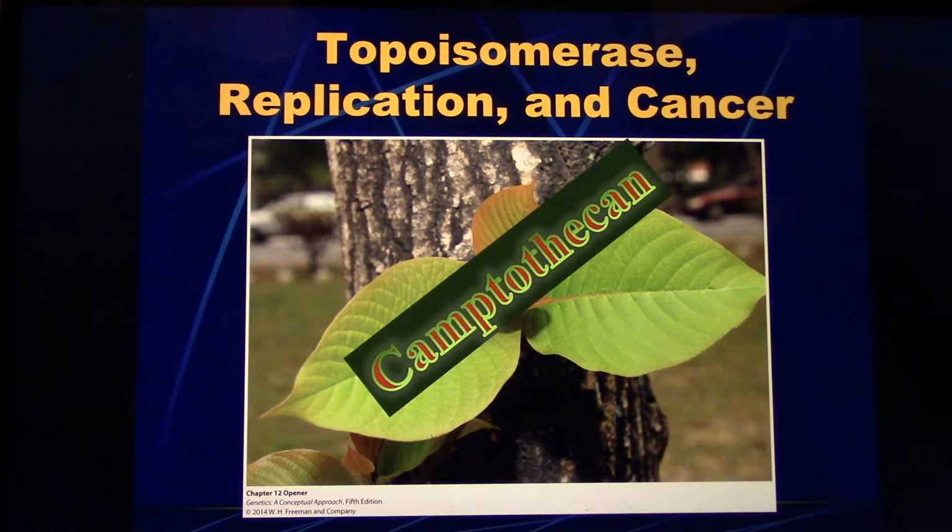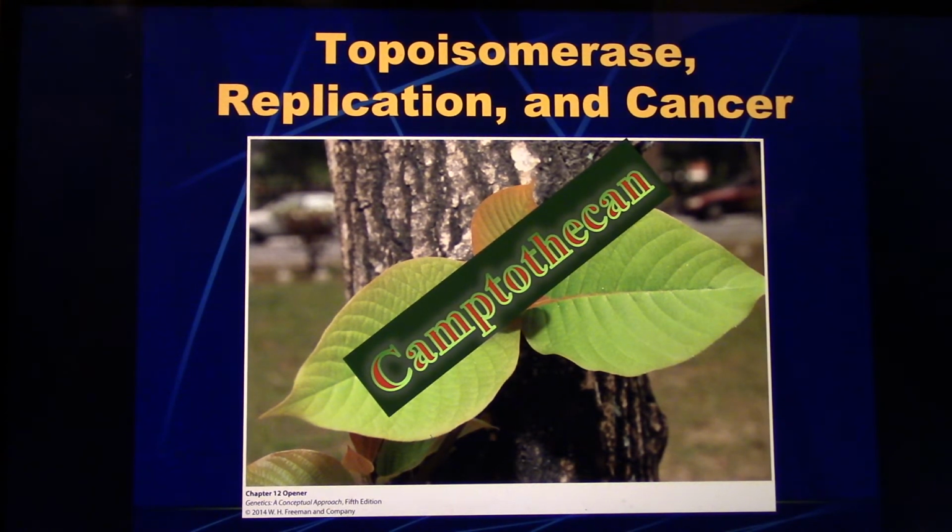And what it does is it releases the torsional stress. So as the DNA is unwound to let DNA polymerase in there and make new strands of DNA from the old strands, pulling apart that helix puts some pressure on the other regions of the DNA that haven't been opened up yet. And so either that's just going to break under the stress, or there's going to be a way to release that stress.